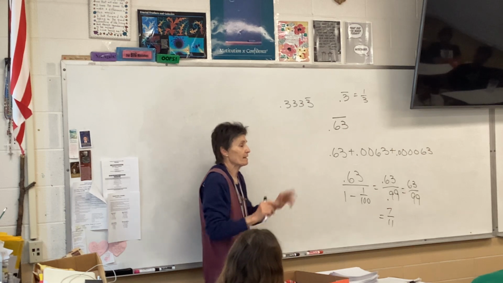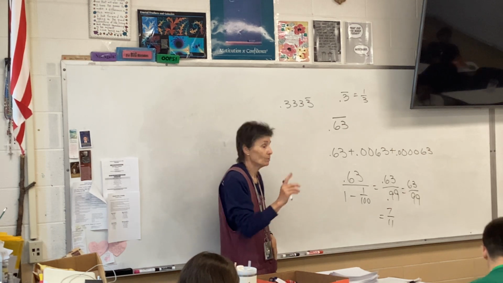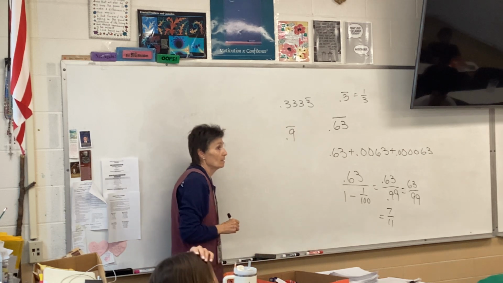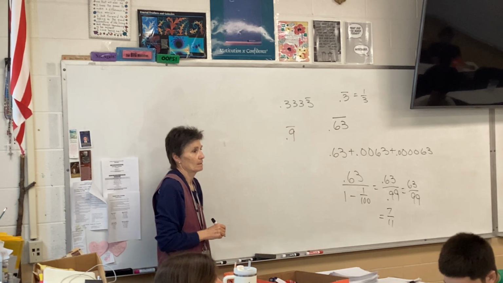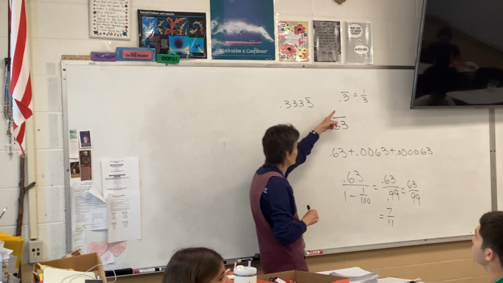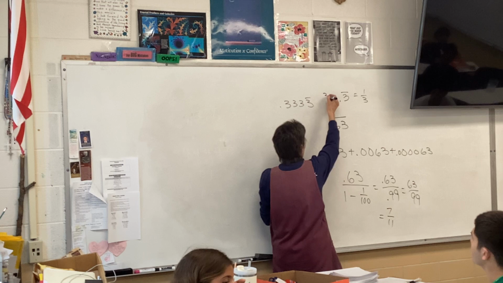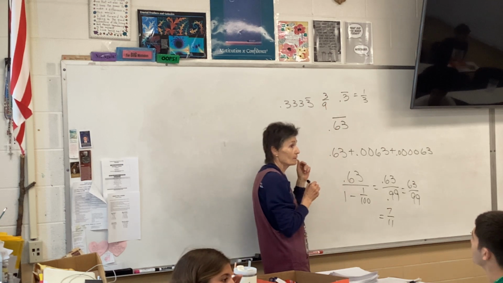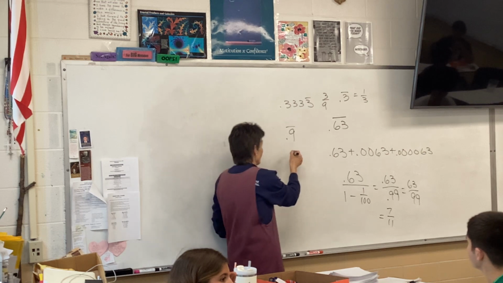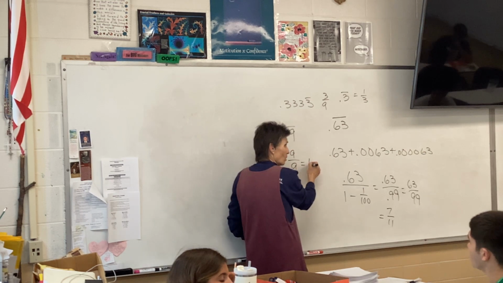Oh, wait a second. So what happens when you have 0.9 repeating? What would that be? Well, 0.3 repeating is 3/9. So what would 0.9 repeating be? 9/9, which is 1.